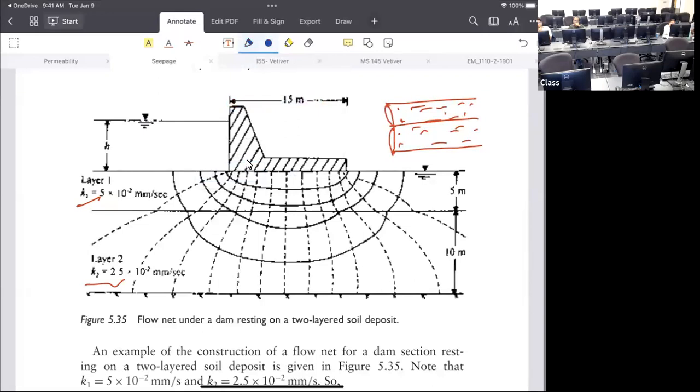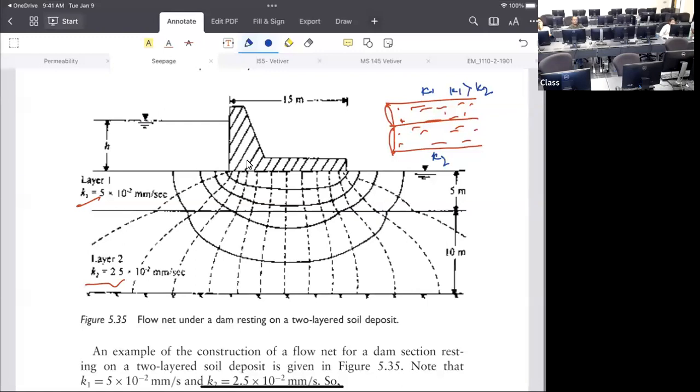So when the water is going here, let's say we have K1 and K2. If the conductivity is higher in K1, it means the resistance is lower, meaning high conductivity. Then what's going to happen? Here, K1 is greater than K2. Let's say we have the same flow, Q is the same.